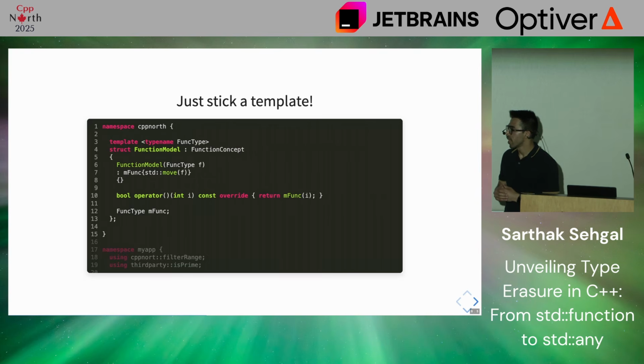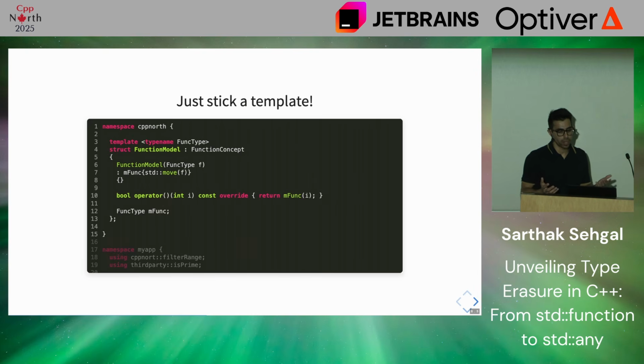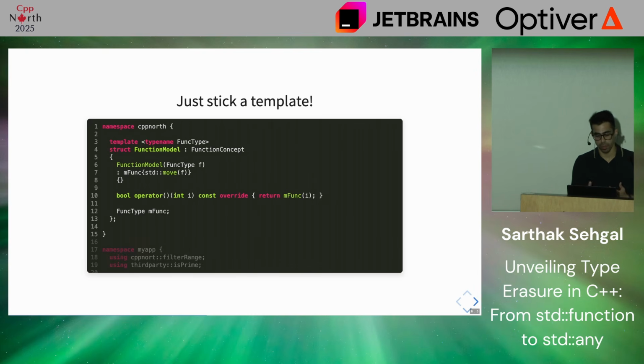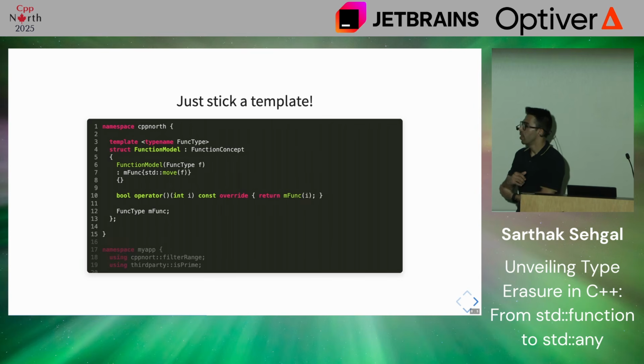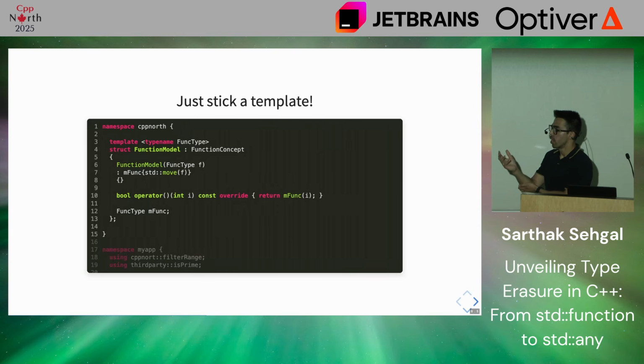And the second implicit assumption, as a result of the function call operator overload, is that I'm storing the type and invoking it with an integer. So it should be invocable by an integer and should return a Boolean or something convertible to a Boolean. We can later make it nicer to ensure there are better errors and these constraints are enforced at compile time.